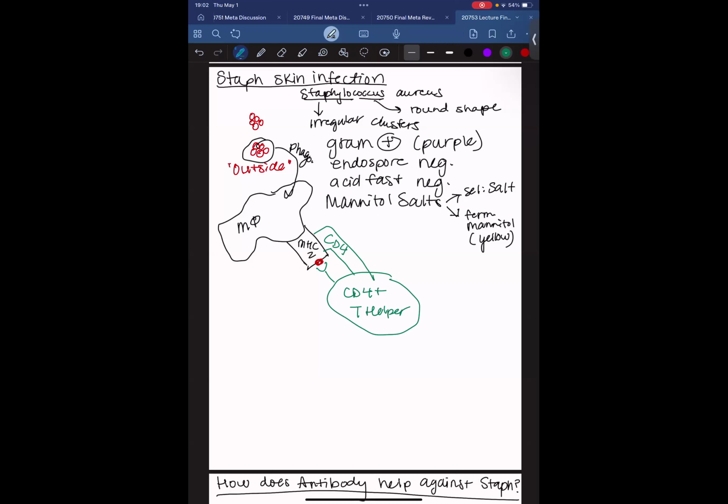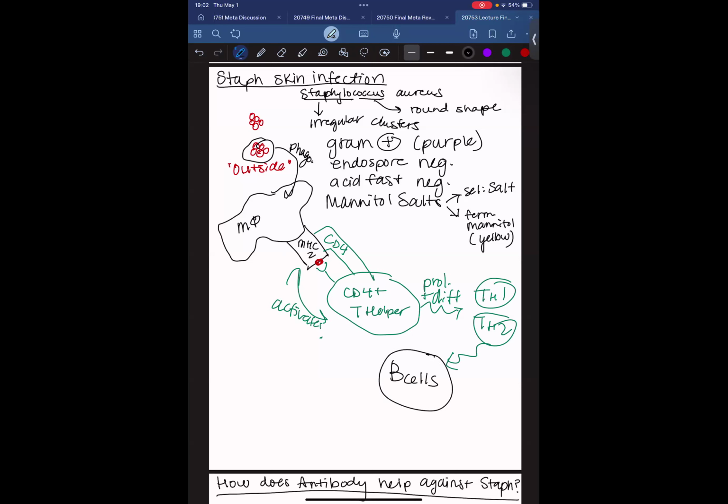These guys will send some activation signals, causing this to proliferate and differentiate and become Th1 and Th2 cells. The Th2 cells will then go on to activate our B cells that also see that antigen. And so these guys will turn into plasma cells.